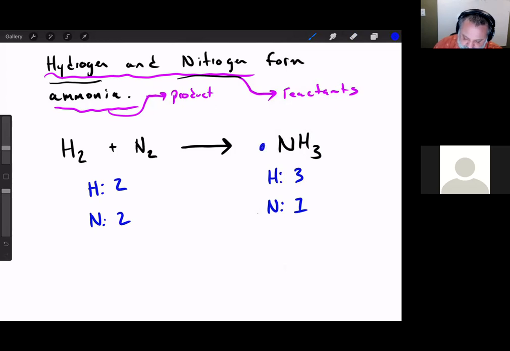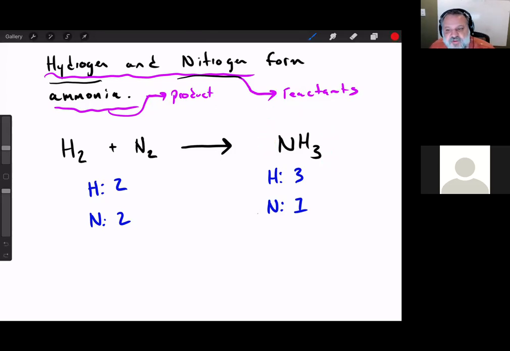But remember, the stoichiometric coefficient is telling me how many of the molecules or species that I have. So I would have A times 1 for nitrogen and A times 3 for hydrogen. If I don't have a stoichiometric coefficient out in front, it's understood to be 1. That's why it's 1 times 1 for nitrogen and 1 times 3 for hydrogen.